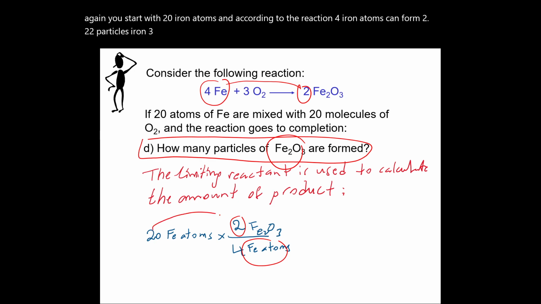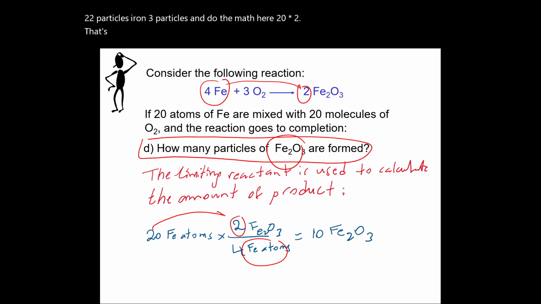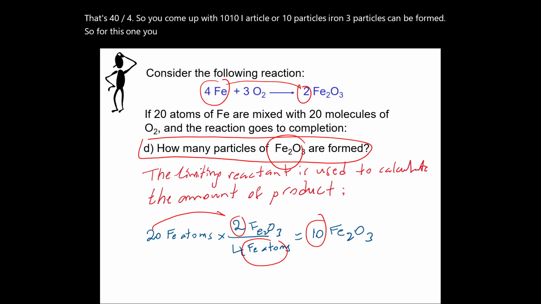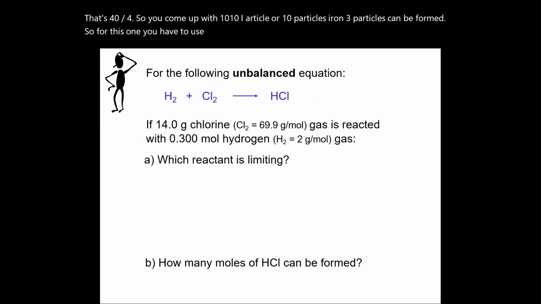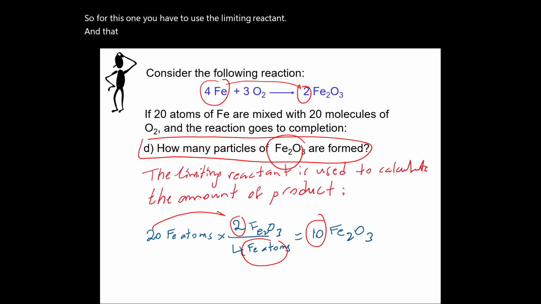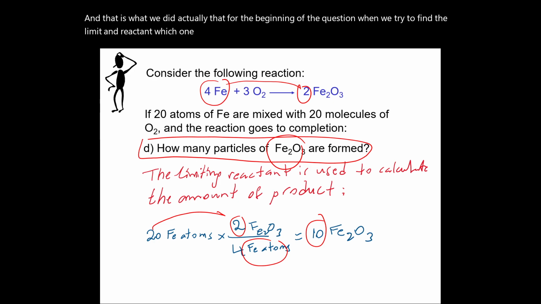And do the math here, 20 times 2, that's 40 divided by 4, so you come up with 10 particles of iron trioxide that can be formed. So for this one, you have to use the limiting reactant. And that is what we did actually at the beginning of the question when we tried to find the limiting reactant, which one produces the least amount of product.